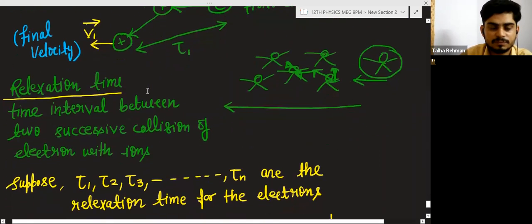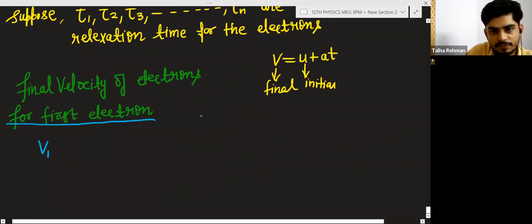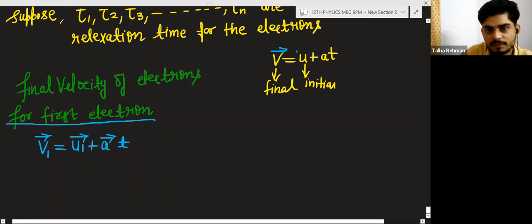For the first electron, the final velocity can be found with the help of this formula: final velocity is equal to initial velocity plus acceleration into time. I am writing this in vector form.